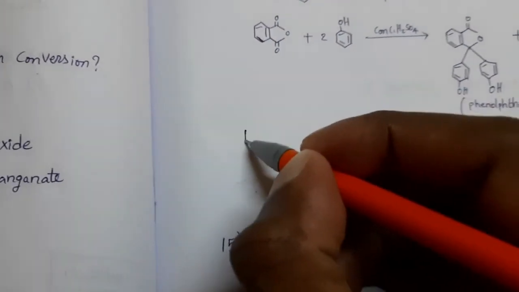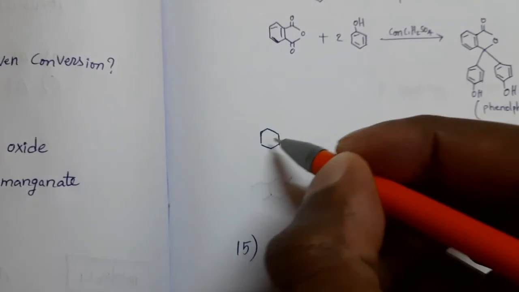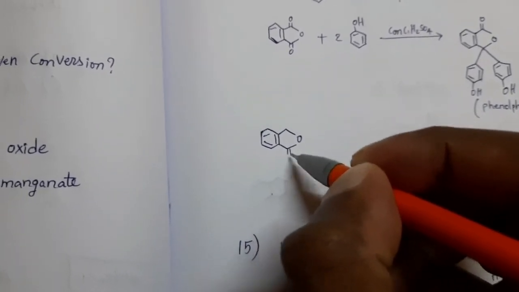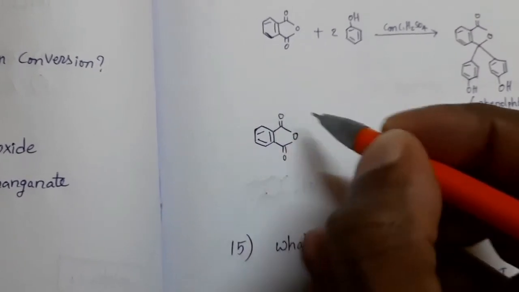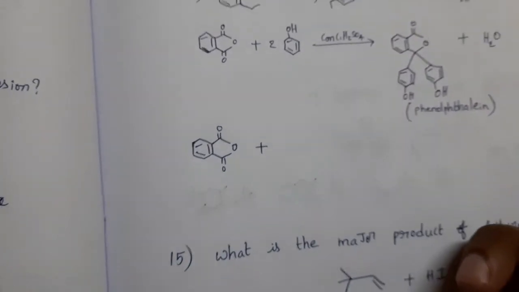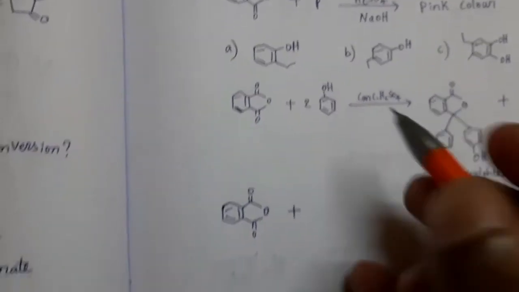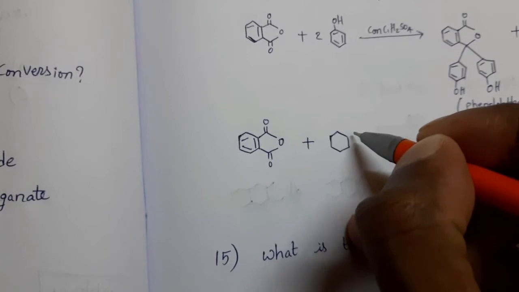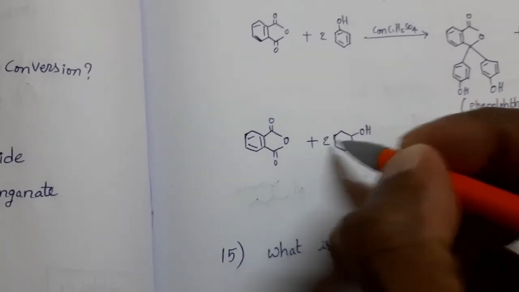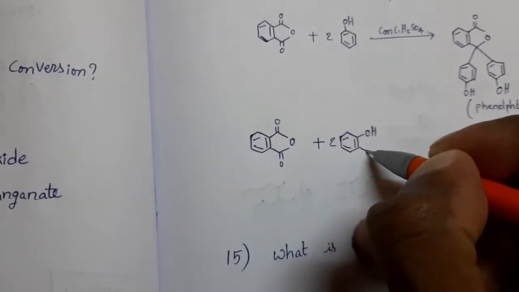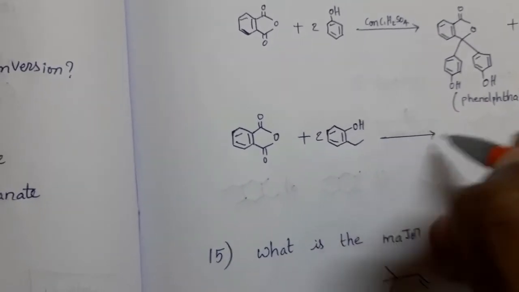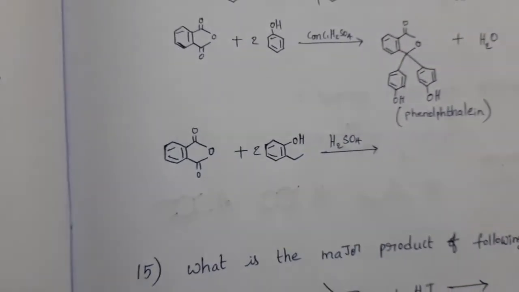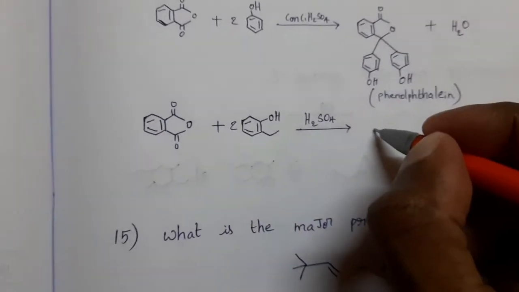See this, phthalic anhydride. Here the P reagent is option A. Take this option A, 2 moles. Then we can get this one.